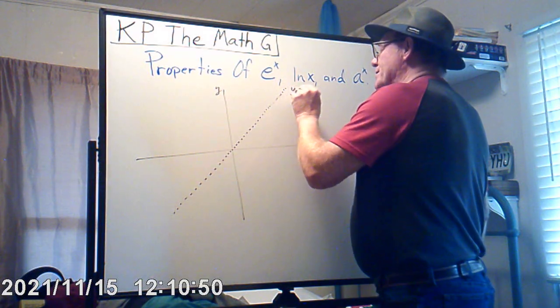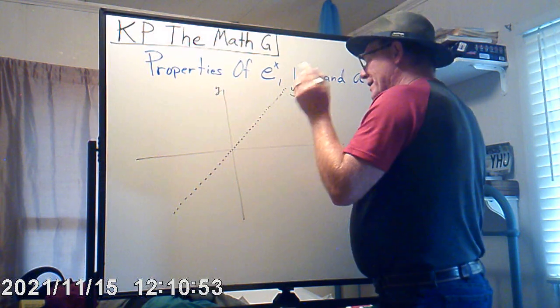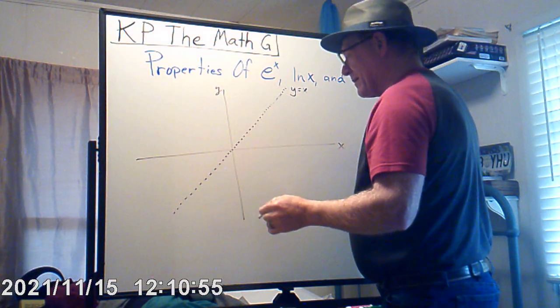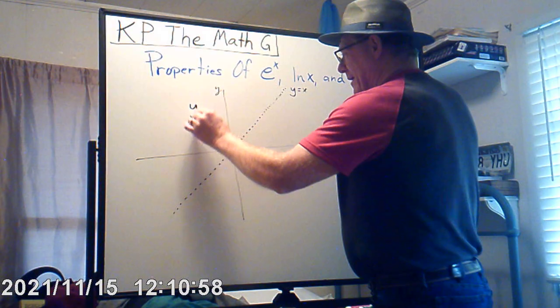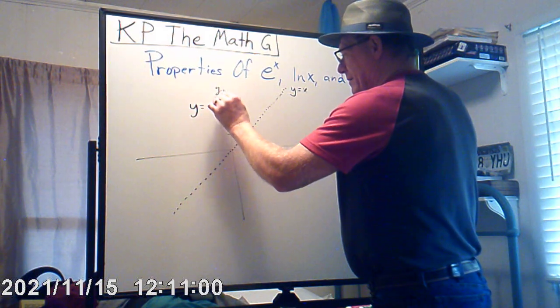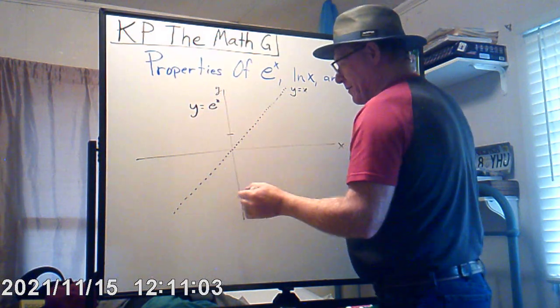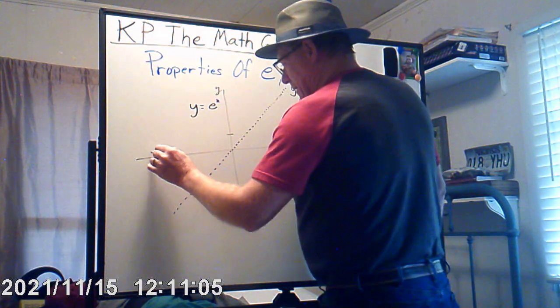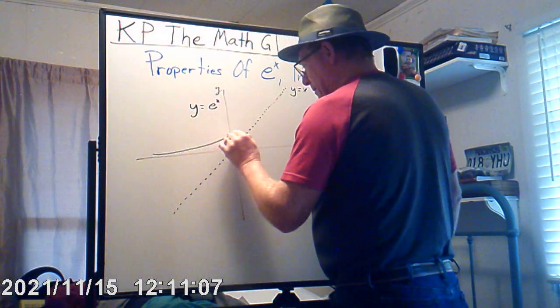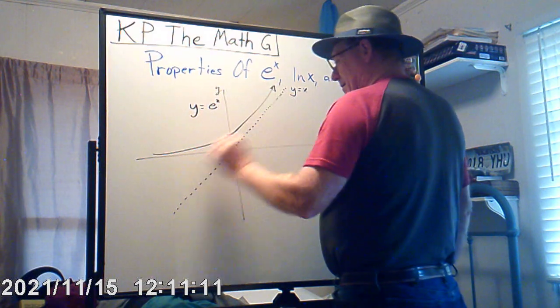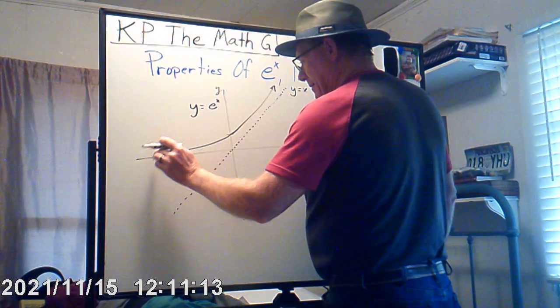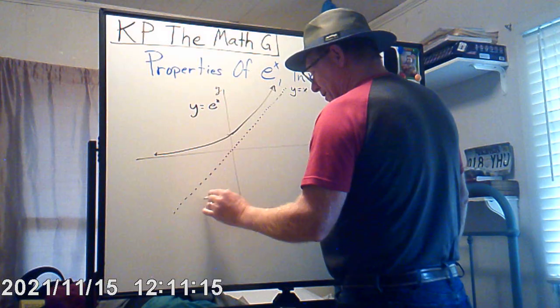Y equals x, that's a dotted line, and y equals e to the x. E to the x is a function, by the way. It kind of does this here, and it takes a dive up like that. Okay, very rough sketch.